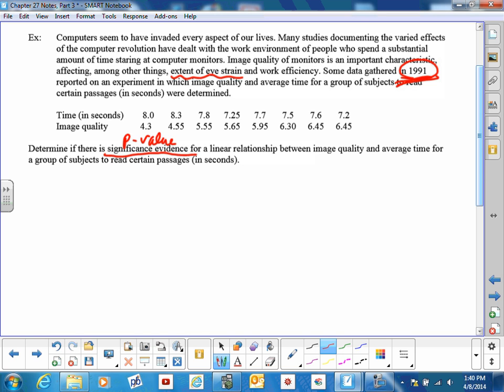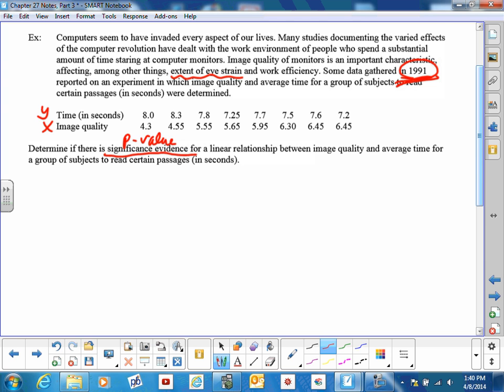That goes against the typical case, where frequently time is the X variable because it's just the input and then you see what happened at that time. But in this case, image quality is the input and then we see what the time response to read the passage was in reference to what the quality of the image was.